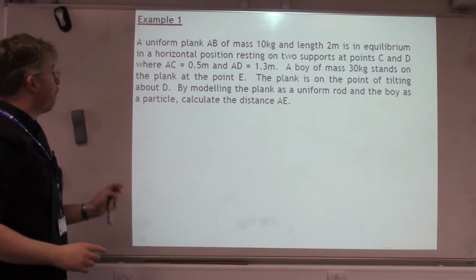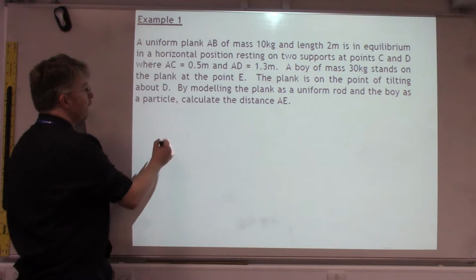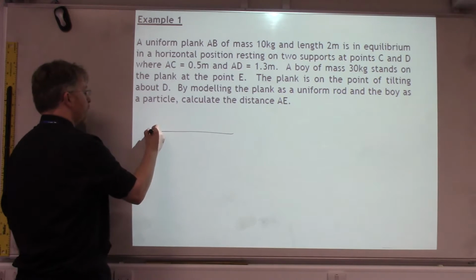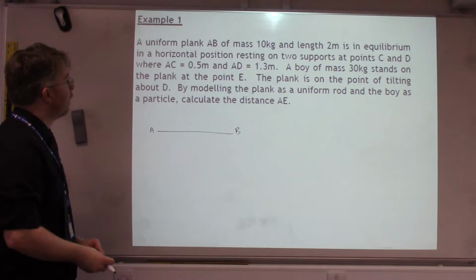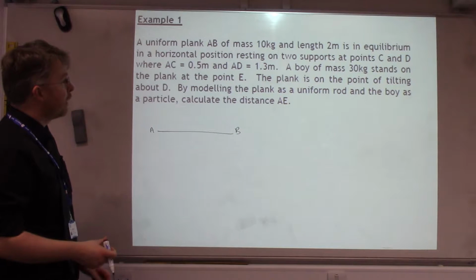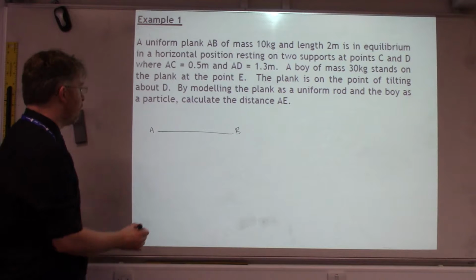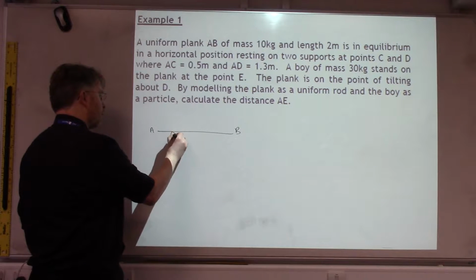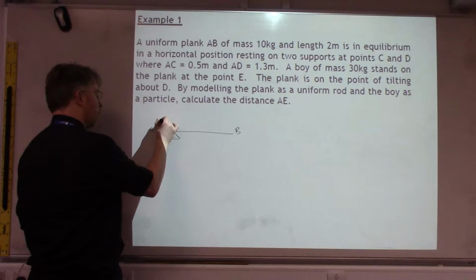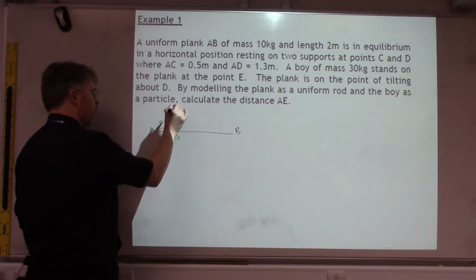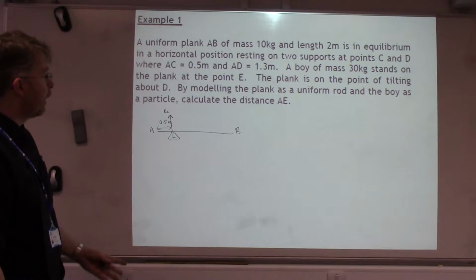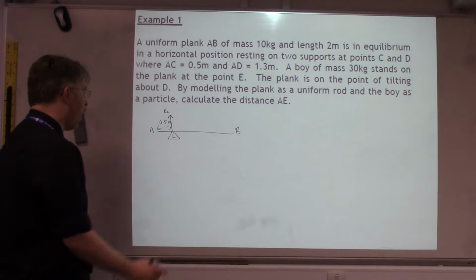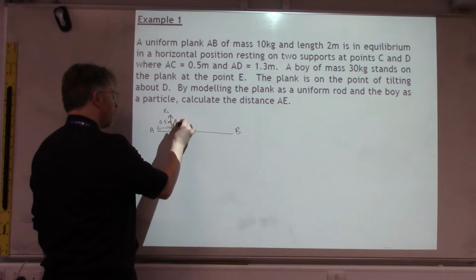So we've got a uniform plank, so the centre of mass is in the middle, mass 10 kilograms, length 2 metres, from A to B. Again, a sketch is always a good idea for mechanics. It rests on two supports, C and D, where AC is 0.5 metres. We've got RC, we've got RD, which is 1.3 metres. Centre of mass means it will be halfway, 1 metre in.